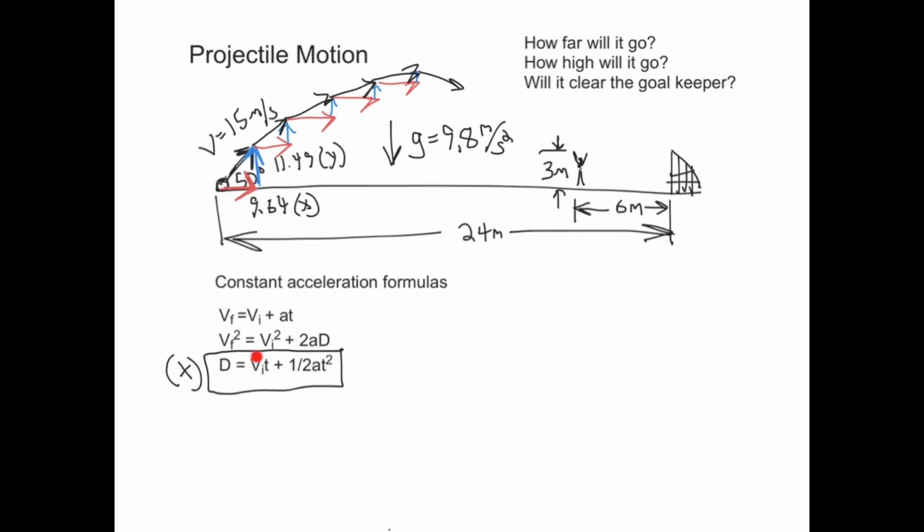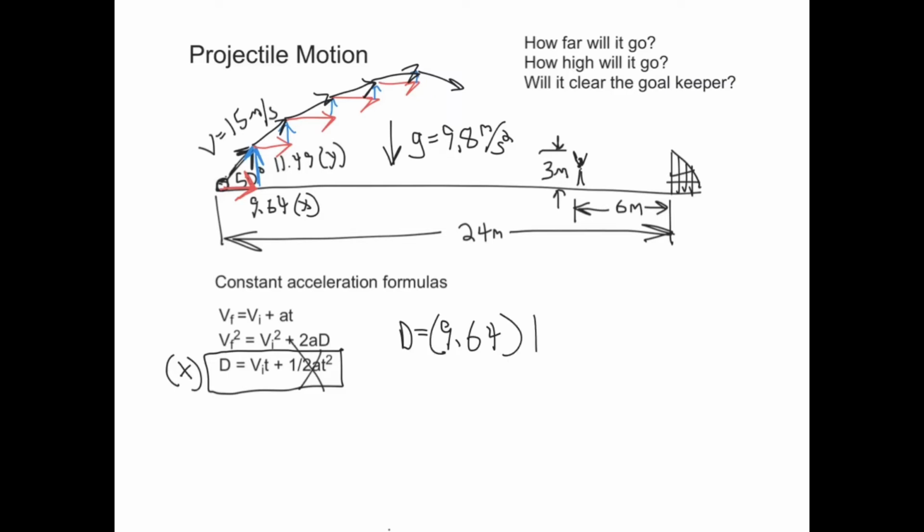To find the range, or the displacement the ball is going to take in the x direction, we're going to use the displacement formula. And we're going to use the initial velocity of 9.64, and we're going to cross out the acceleration because there's no acceleration in the x direction, only this gravitational acceleration in the y direction. So we're going to set up the displacement to be equal to 9.64 times the time.